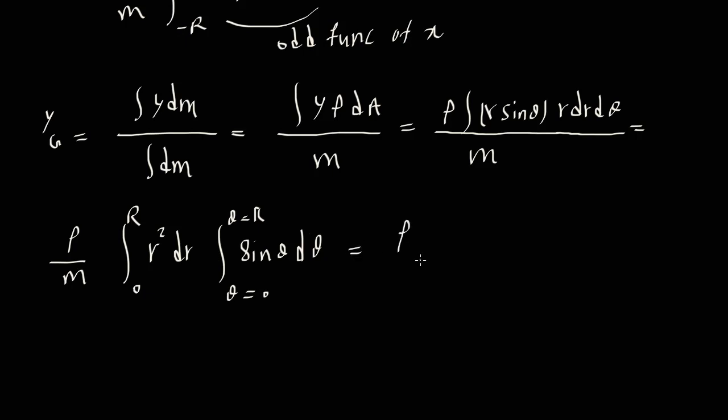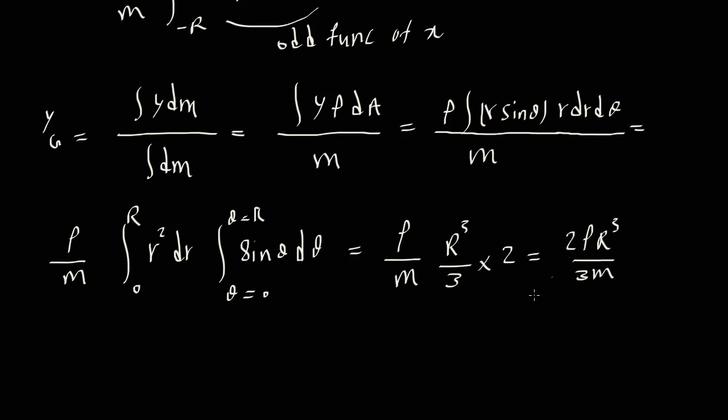So we have rho over m, r cubed over 3, and minus cosine theta, which is cosine 0 minus cosine pi, so the whole thing would be 2. So this is 2 rho r cubed over 3m.